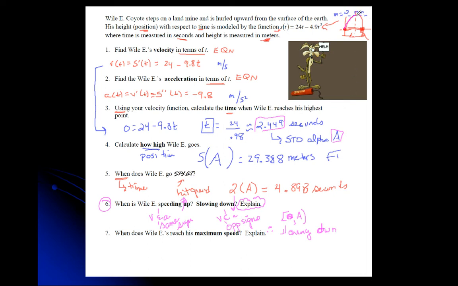But over here, slopes are negative and getting more and more negative. The slope values are decreasing and the values of the slopes themselves are negative. So from A to 4.898, speeding up.